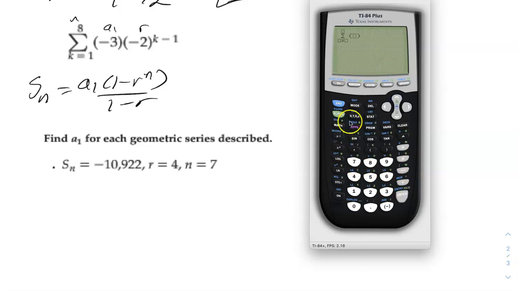You can type it in, any variable you want, x equals 1 all the way to 8. We're doing -3 times -2 to the x minus 1, and get your answers. So both ways work: type it into the equation like that, or do that.